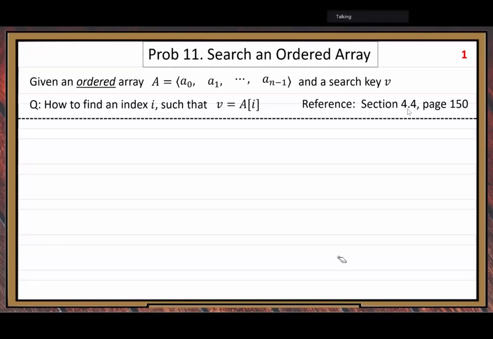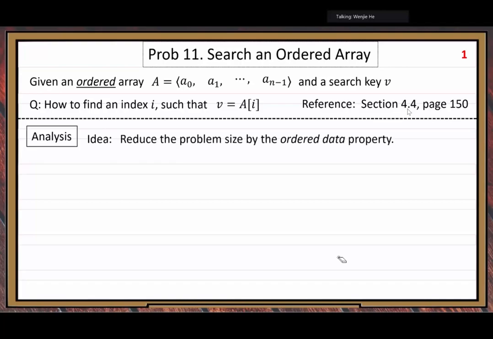So the idea, let's think about some special strategy here. Reduce the problem size by the ordered data property. So that's a pretty general strategy. Reduce the problem size. More specifically, by the elimination method.